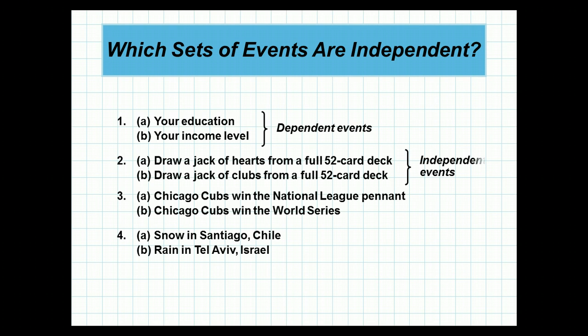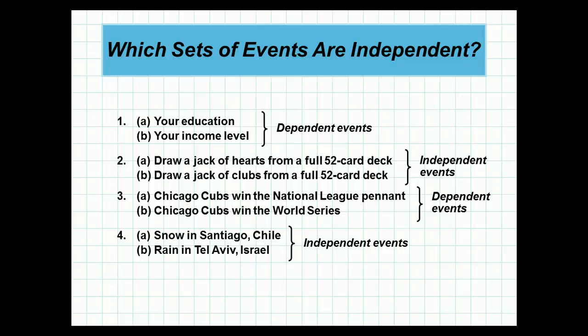Some events which are independent versus dependent can be understood by using these examples. Your education and income level in most cases are dependent on each other. From what we're told, your income increases with education.